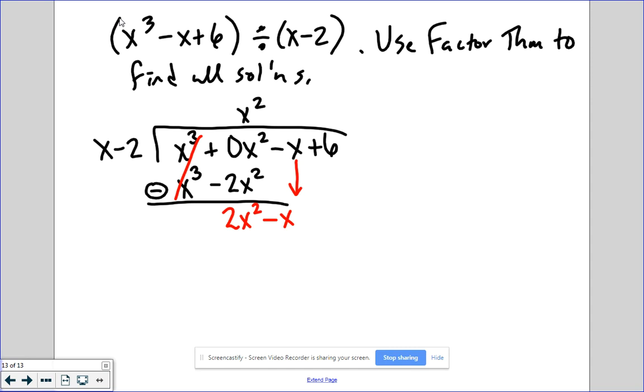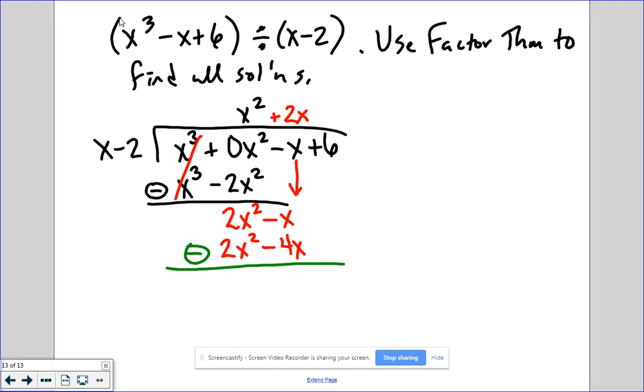What do I take x times to get 2x squared? 2x. So I take 2x times x, which gives me 2x squared. I take 2x times negative 2. That gives me negative 4x. And again, we subtract.